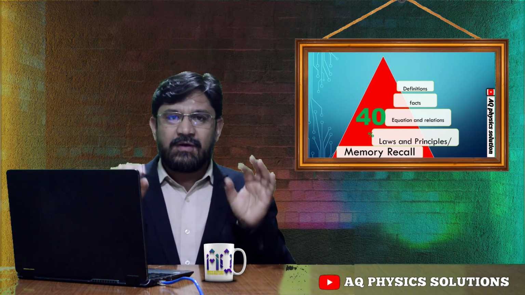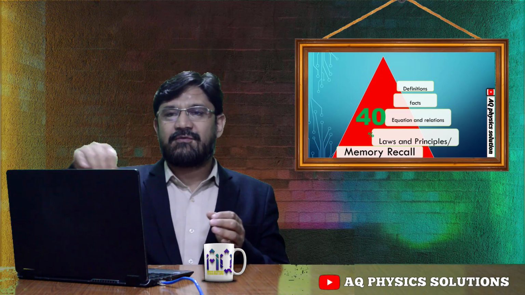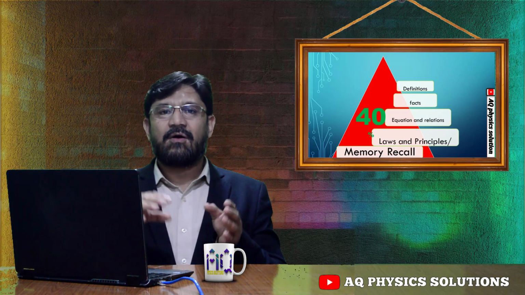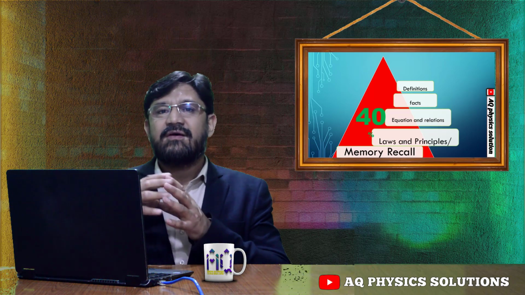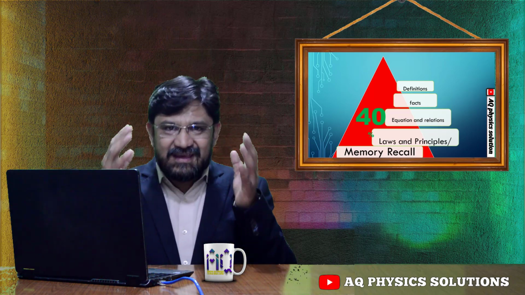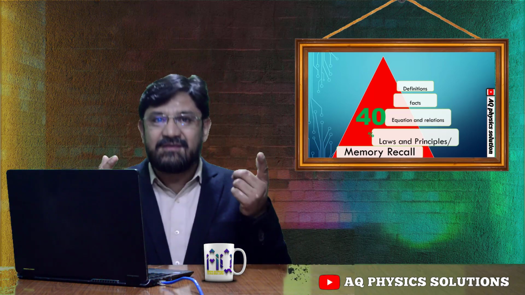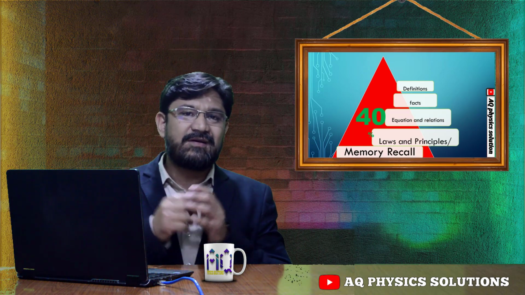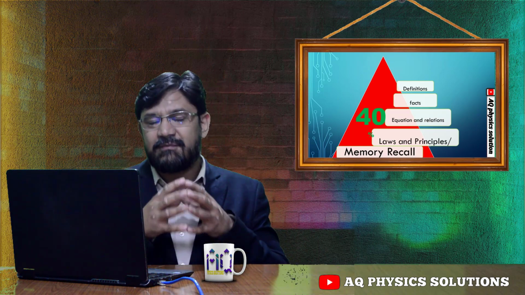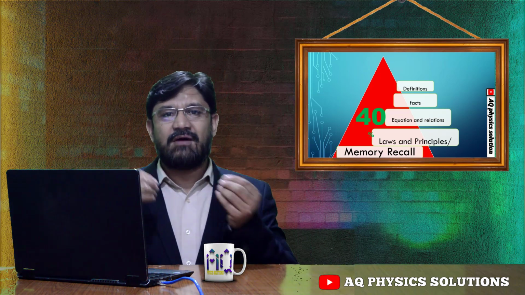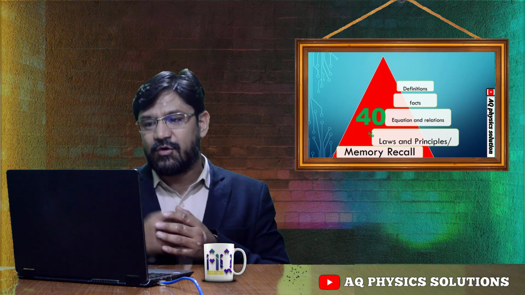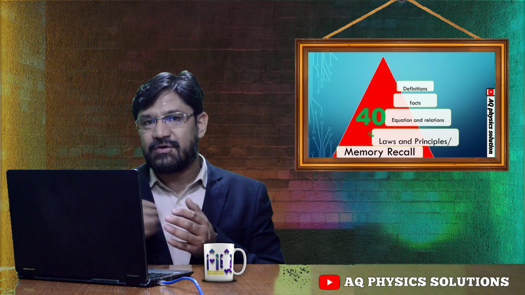Similarly, if an object is being dropped from a very small height, if the object has some significant mass, significant volume, all these things should be in your mind. This means memory recall. Memory recall does not mean that you have to cram something. Memory recall means you have to recall your ideas, what you have learned related to these topics. So the facts are also based on the memory.